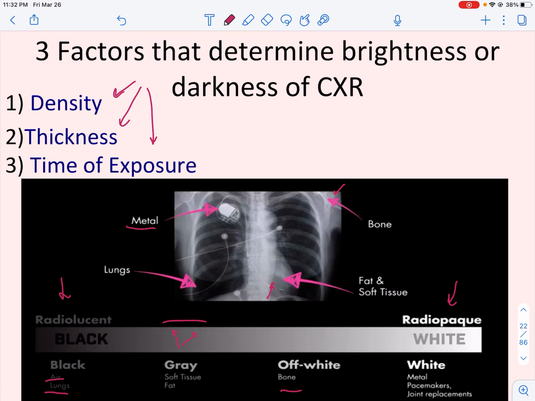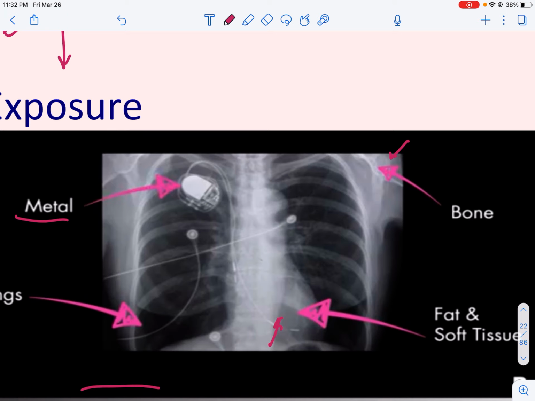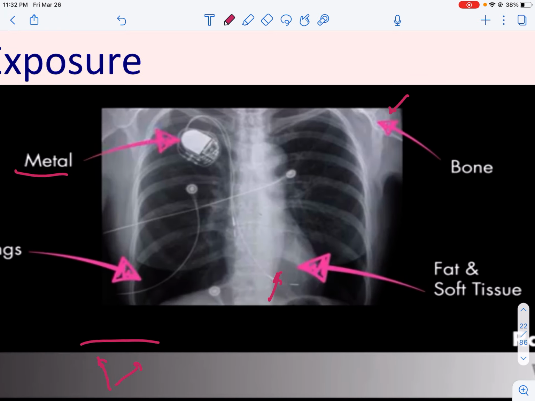Thickness, for example. Here we can see that first there is the scan, then after the scan there is fat, and then we can see there's a heart and a vertebrae, a heart and a sternum and many structures. So there are many structures for the X-ray beam to penetrate.